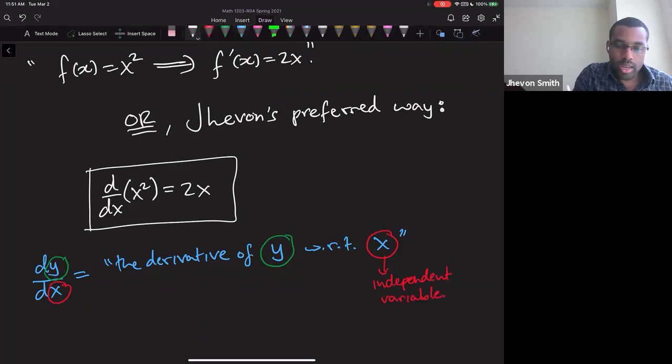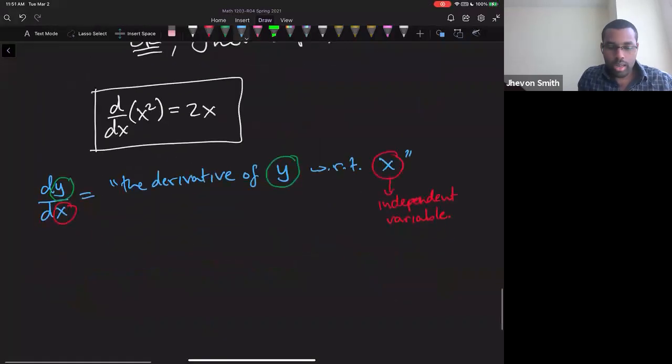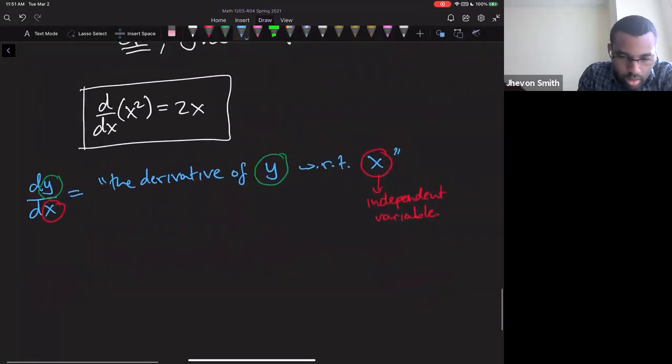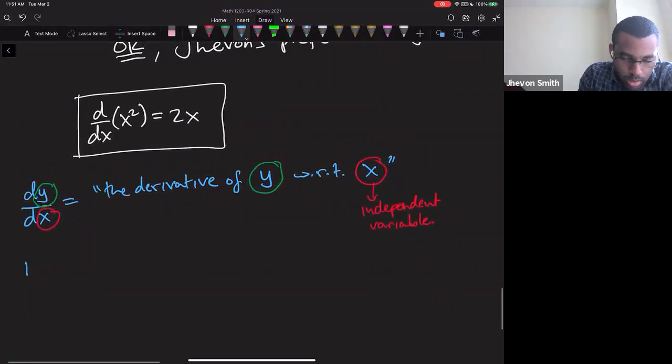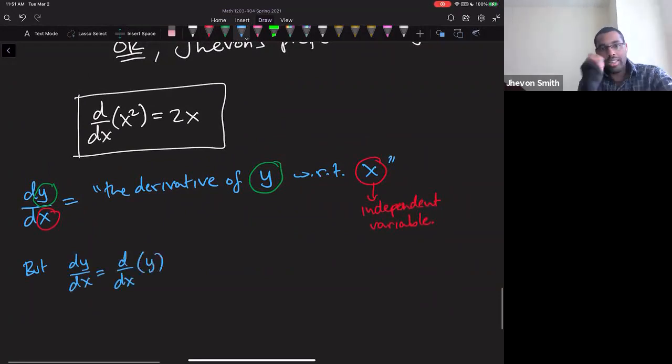But we can also say, dy dx, you can think of this as d dx times y, and you kind of think of it like a function. So this is like the derivative with respect to x of y.